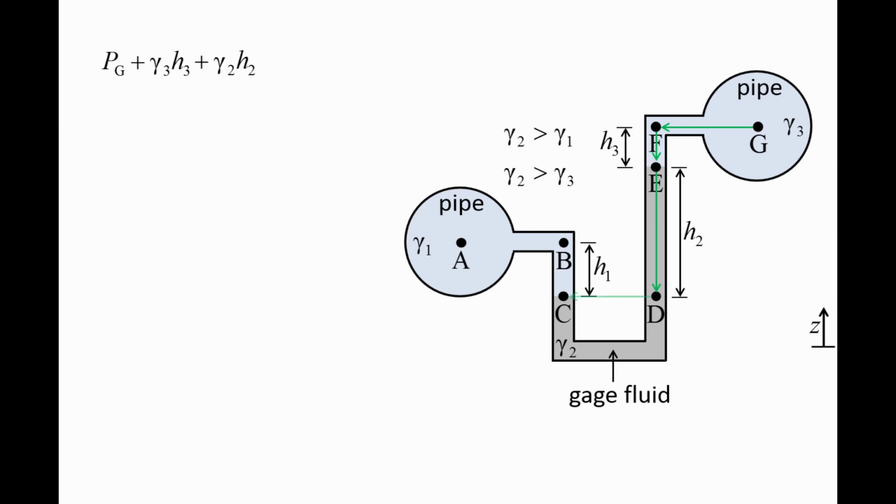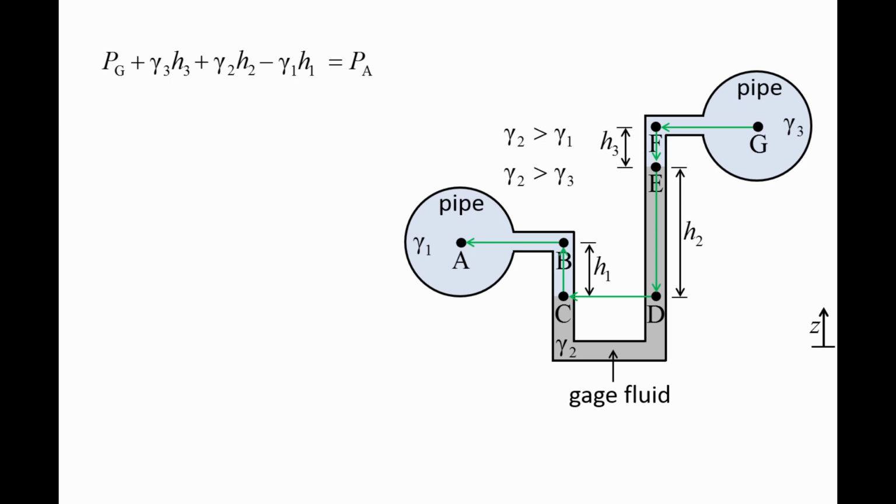Now we jump across to point C with no change in pressure. This jump is allowed because both points C and D are in contact with the gauge fluid. As we move upwards to point B, the pressure decreases by gamma 1 h1. And finally, we move horizontally from point B to point A with no change in pressure. We've arrived at our destination and set the left side of the equation equal to the pressure at point A.